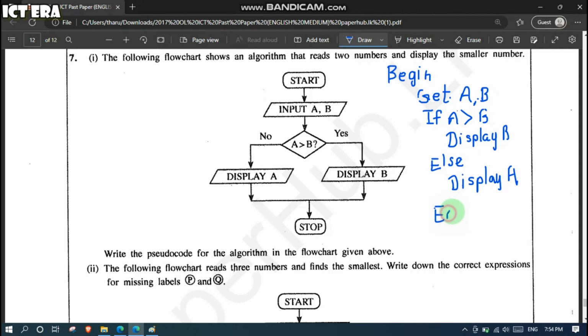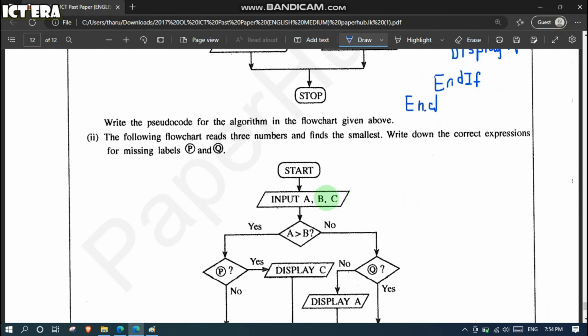So I will write here end if, and then I have to close this whole pseudocode. So I will end the process. So this is the pseudocode for the relevant flowchart. Okay.